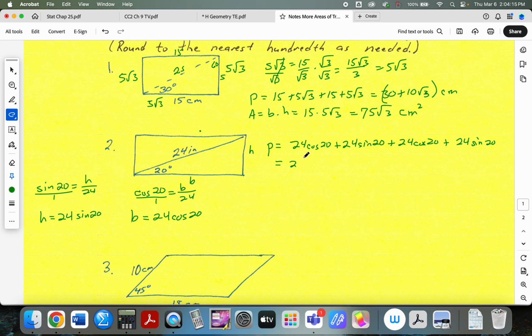If you want to save yourself some time, put it into your calculator. It's a lot faster if you do 2 times 24 cosine 20 plus 2 times 24 sine of 20.